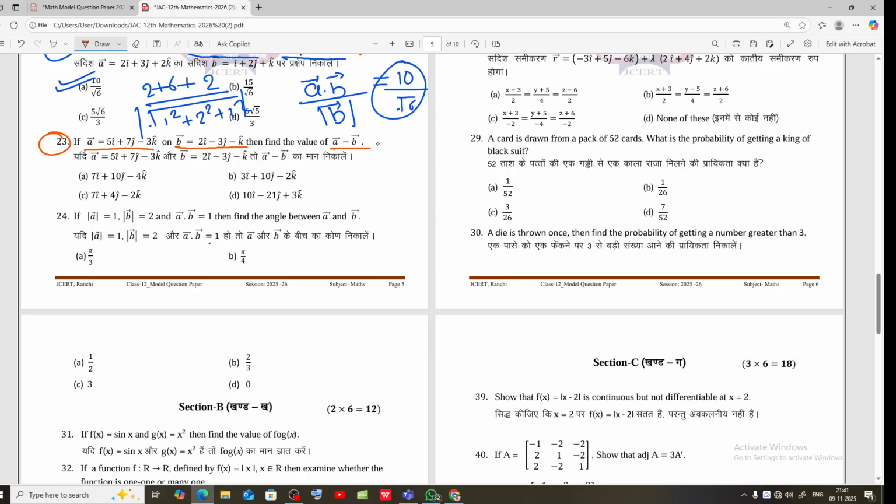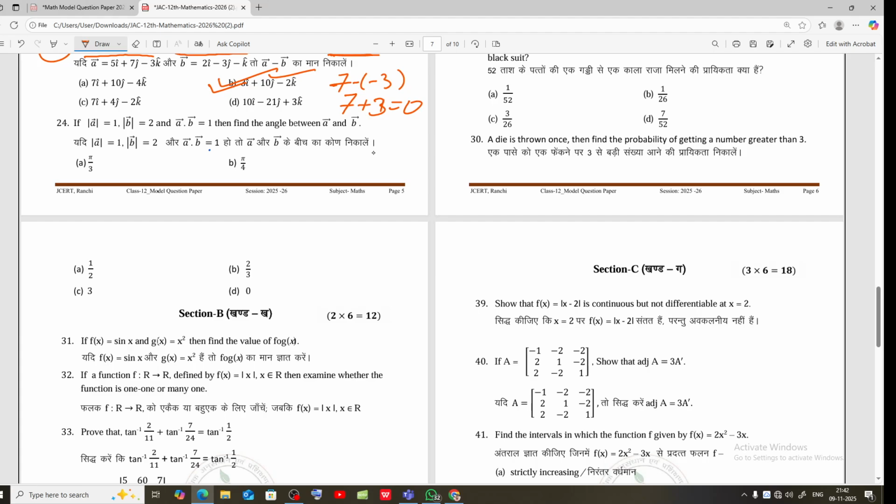Find the value of A minus B. Just like subtraction of vectors, corresponding positions are subtracted. 5 minus 2 is 3. 7 minus 3 gives 10. And minus 3 minus 1 is minus 2. Option B is correct.